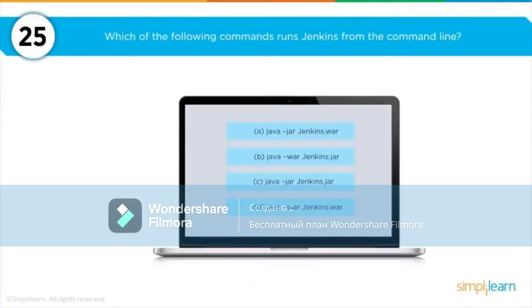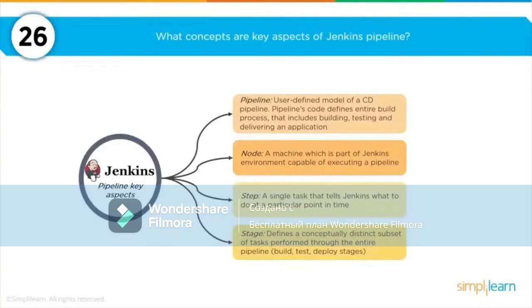Which of the following commands starts Jenkins: java -jar jenkins.war? And the answer is A, java -jar jenkins.war. So when working with Jenkins, you're going to be asked, what are the key concepts of a pipeline: node, step, and stage? Pipeline refers to the user-defined model of a continuous delivery pipeline.